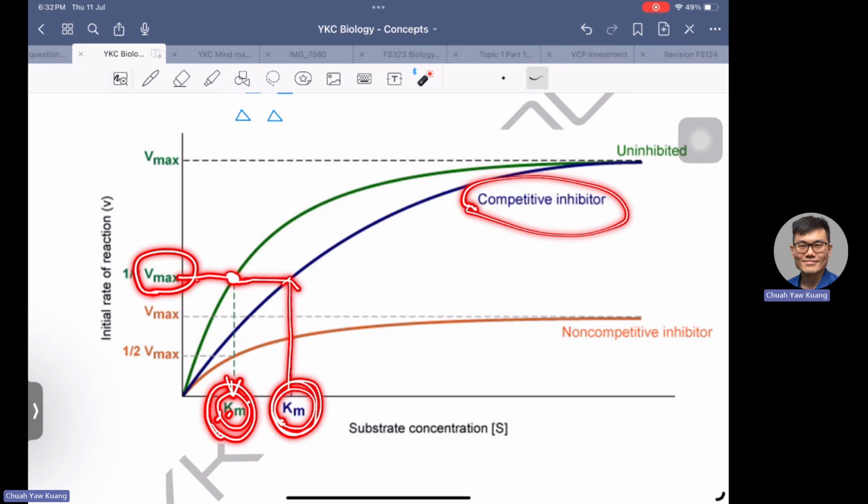With the competitive inhibitor added, it will cause a higher Km. So when you add the competitive inhibitor into the reaction, it is going to increase the Km, meaning it lowers the affinity. It lowers the chance of the substrate binding to the enzyme active site.